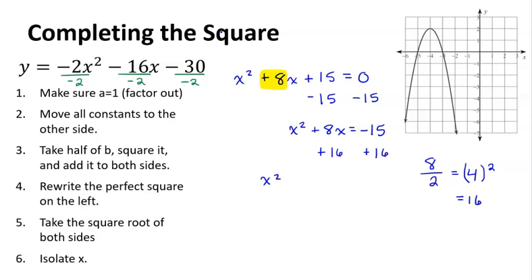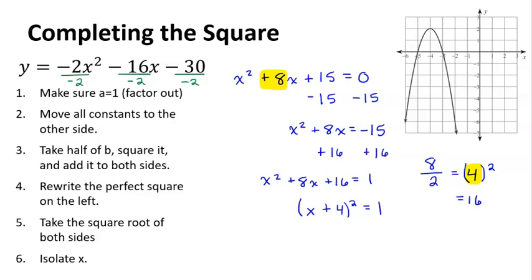This gives me x squared plus 8x plus 16 equals positive 1. And then I told you our shortcut way for this particular process is going to be x, and then we're going to take that number that we squared, which is a positive 4, and put a squared there on the outside.